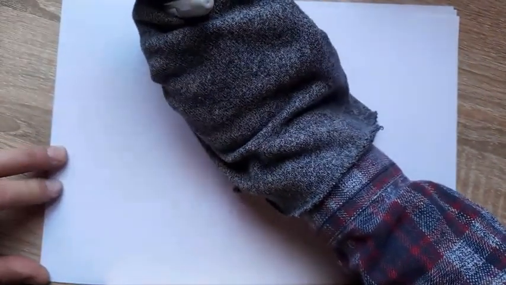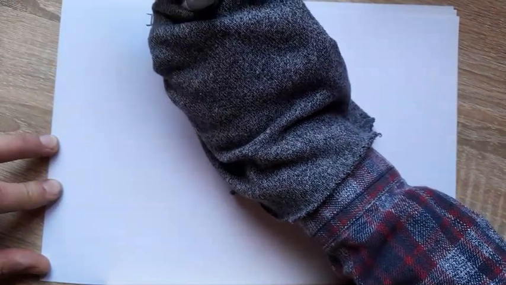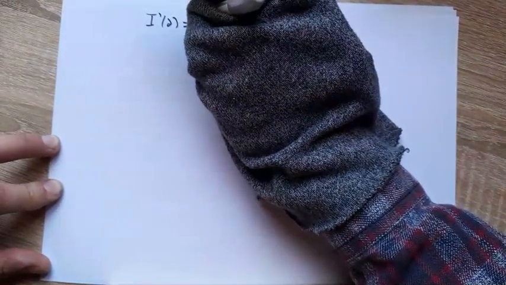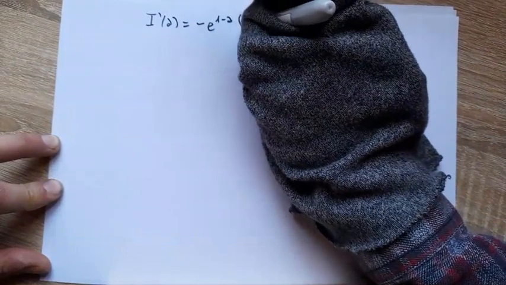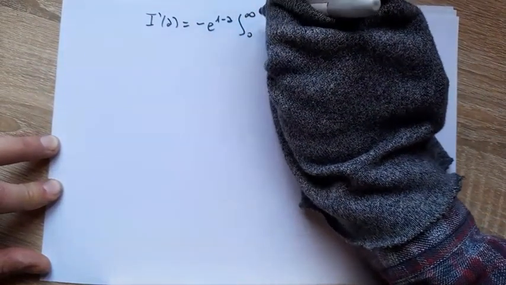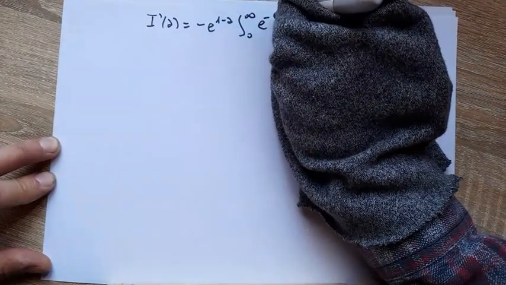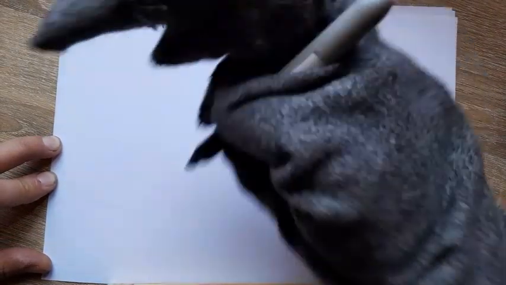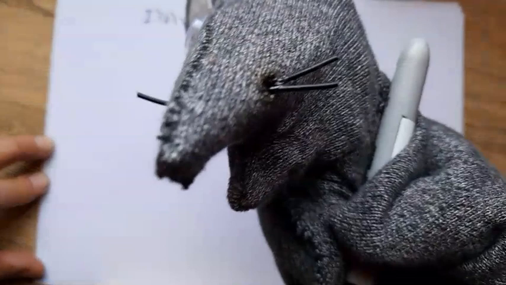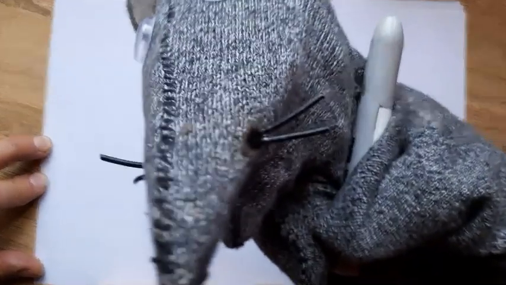We'll rewrite the original I prime of a equals minus e to the 1 minus a, integral from 0 to infinity of e to the minus a x square dx. So this integral here is just the famous Gaussian integral, half of it.